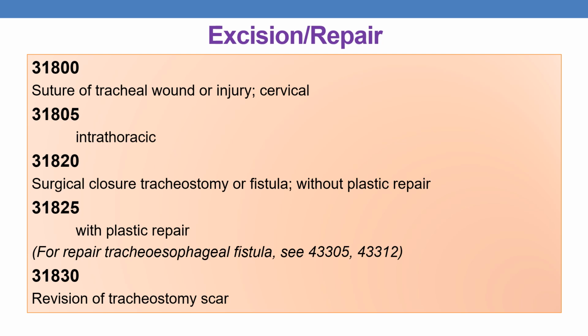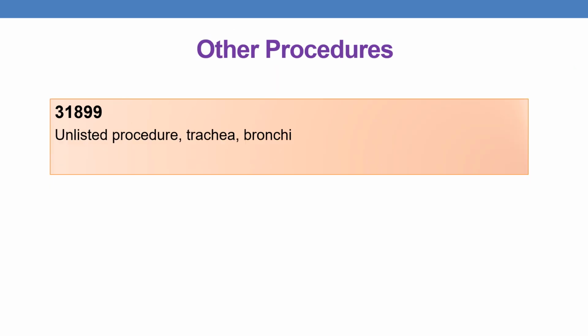The next is 31830. It deals with revision of tracheostomy scar. And finally, coming to unlisted procedures, there is only one CPT, 31899. Unlisted procedure, trachea, bronchi. It is given under other procedures.